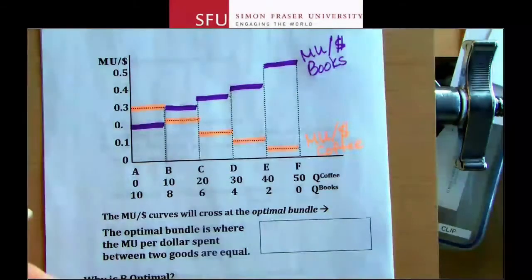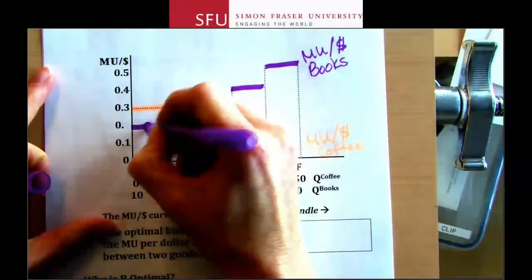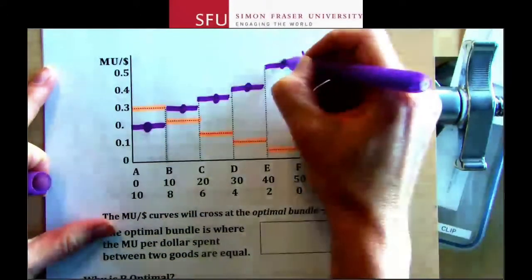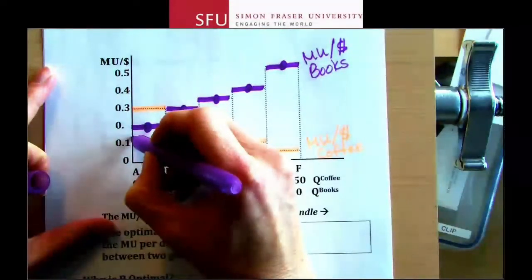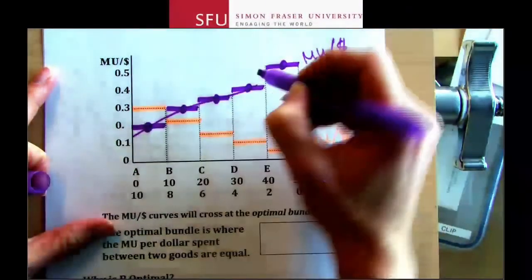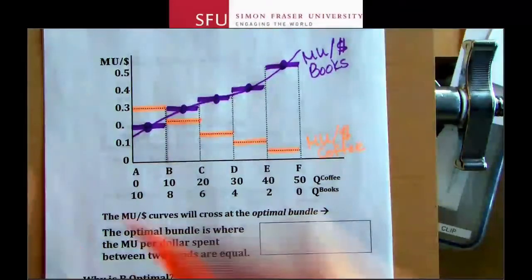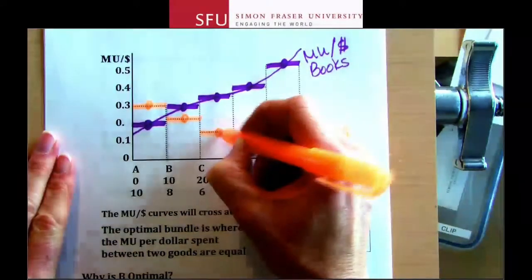And what you can do with this step graph is you can draw a line. Now, when you draw a line through a step graph, what you want to do is have a line going through the midpoint of each step. It won't be a straight line when you draw it. It'll be a bit curvy like that, but that's okay. And we'll do the same for coffee.